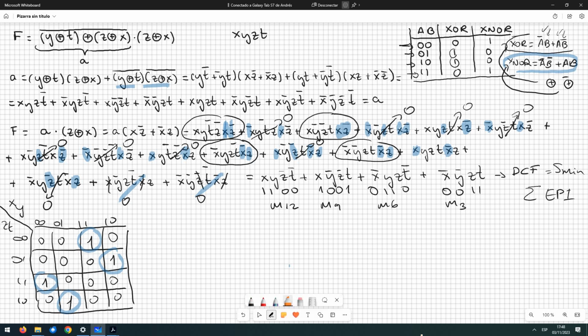We can form an implicate here. We can form another implicate, for example, here. Another implicate here. And another implicate covering the 4 corners.